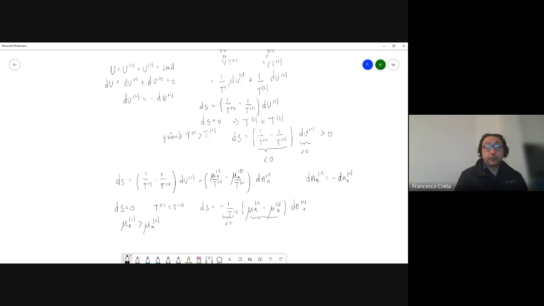We know that the system will respond to the perturbation to increase the entropy, so that it will reach back to the maximum of entropy. So you see that clearly this term here must be negative, right?